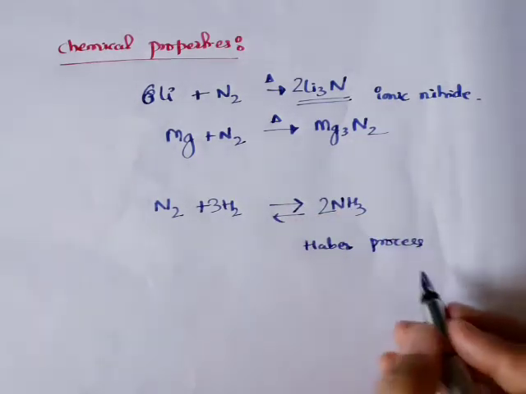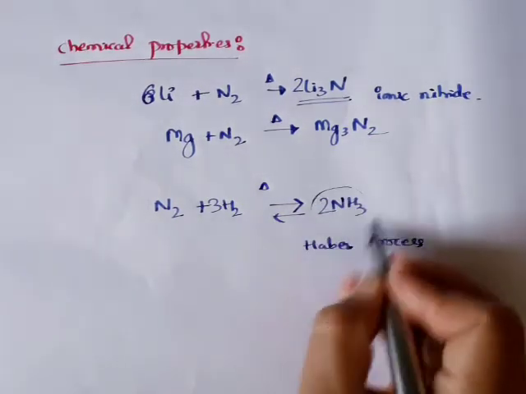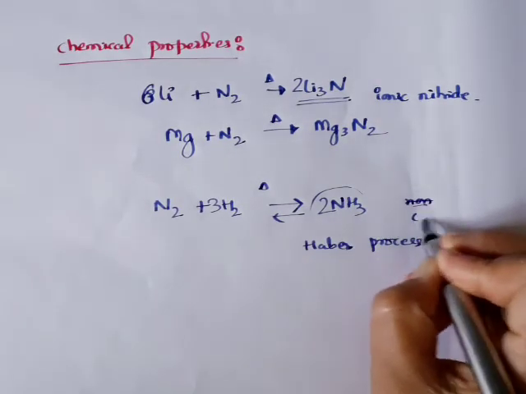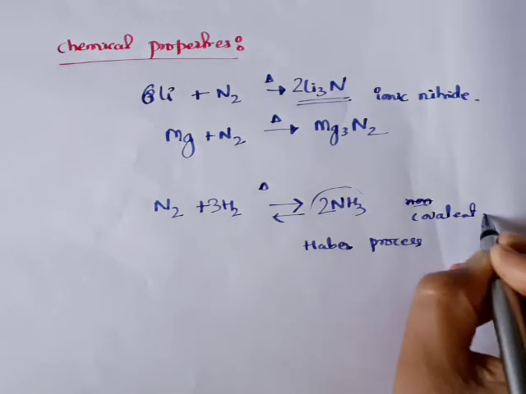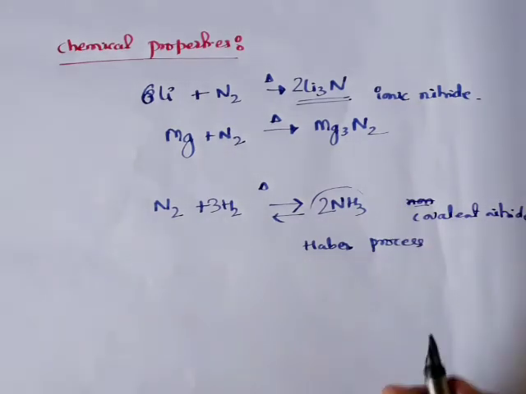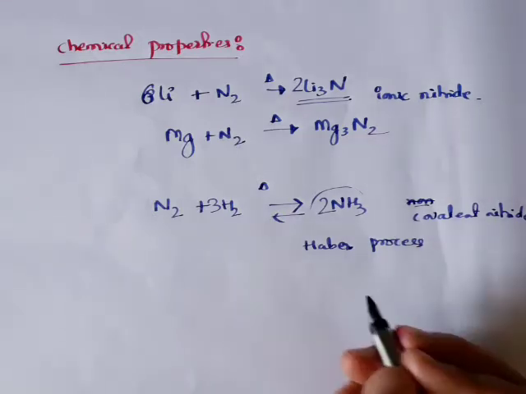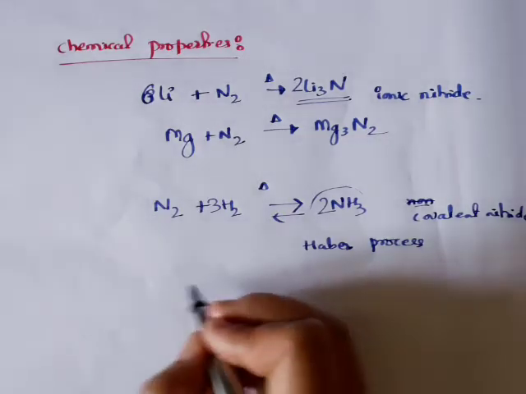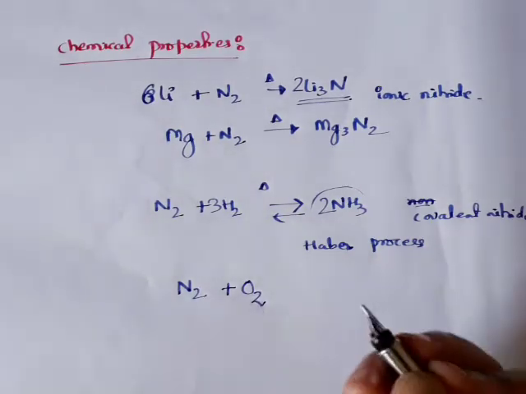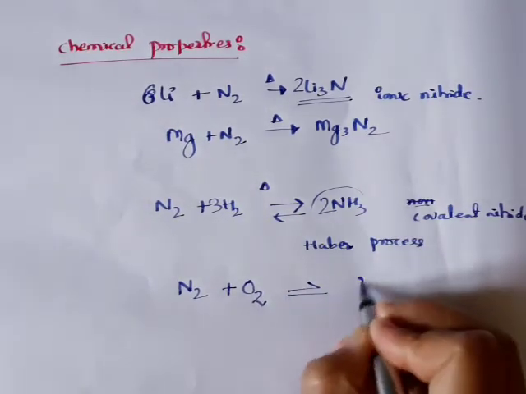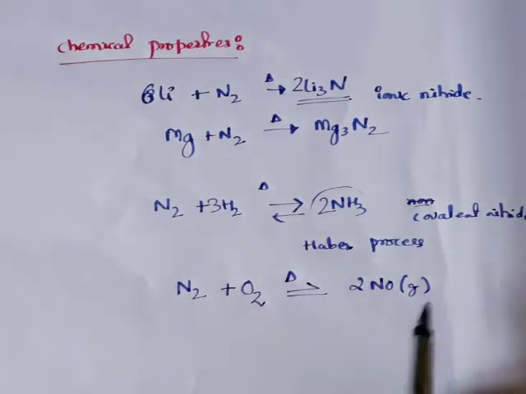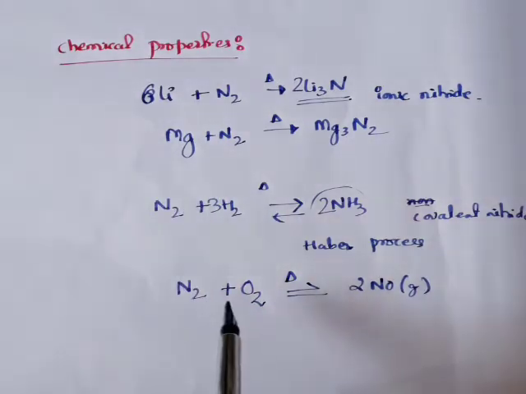And this nitride is a non-ionic, covalent one. Whenever a metal combines with nitrogen it gives an ionic compound, and a non-metal will give a covalent compound. Again, nitrogen can combine with oxygen at very high temperature to form nitric oxide. So these are some chemical properties of nitrogen.